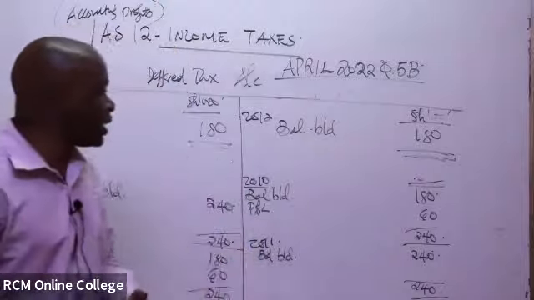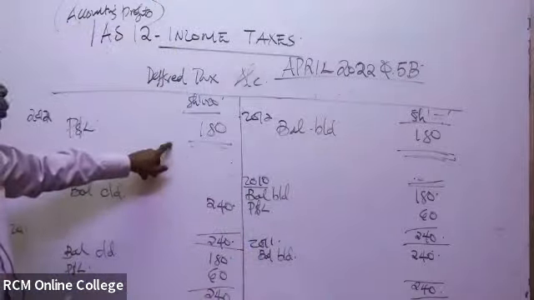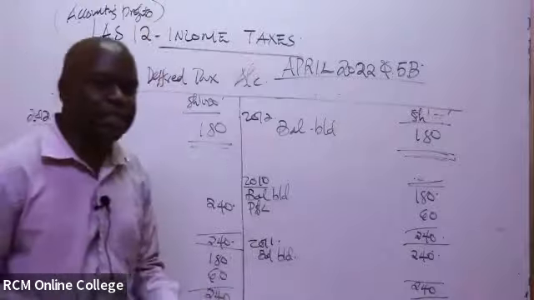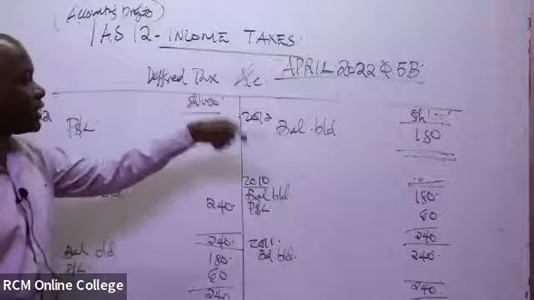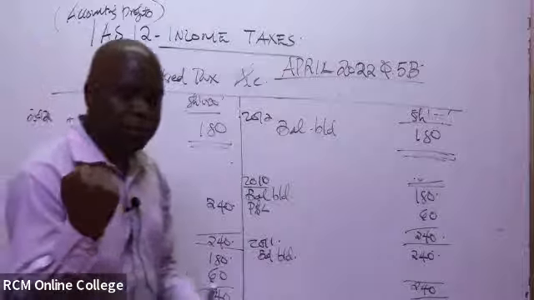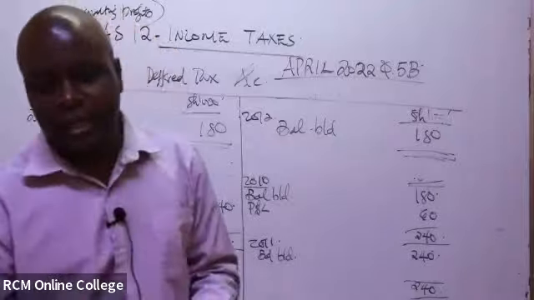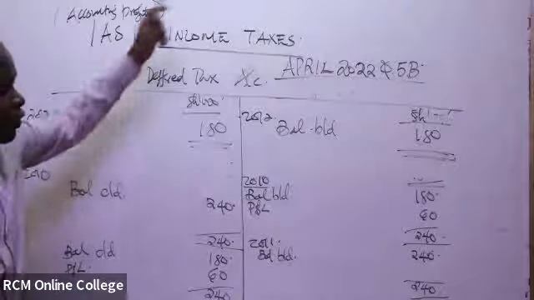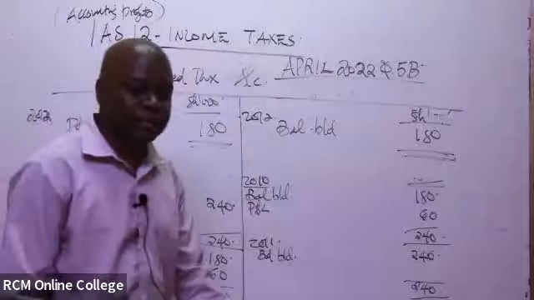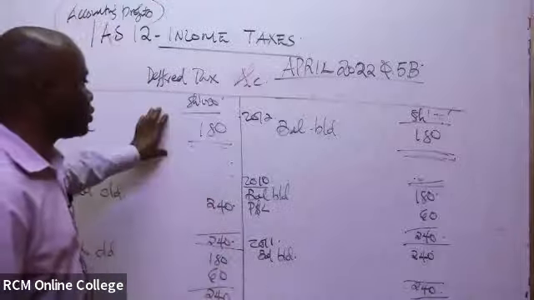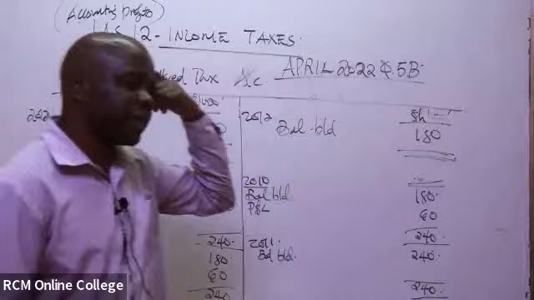So in double entry, like for this one, when there's one account being debited, there's another one being credited. Of course, the one being credited is the income statement. It is the rule of thumb. All credit entries in the income statement are incomes. In this case, this one will go there as an income. So if you're debiting this account, you need to ask yourself, which other one is being credited?